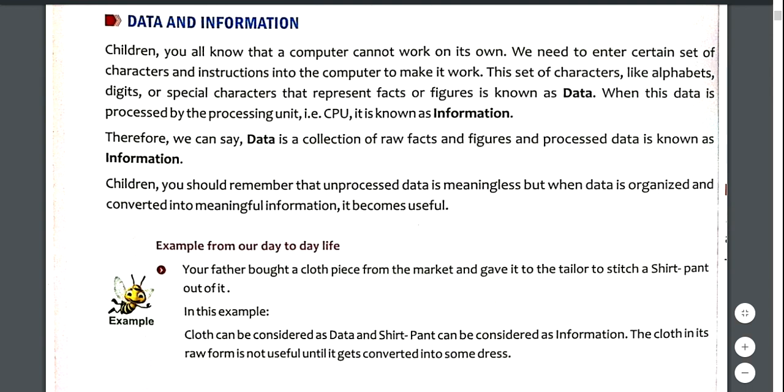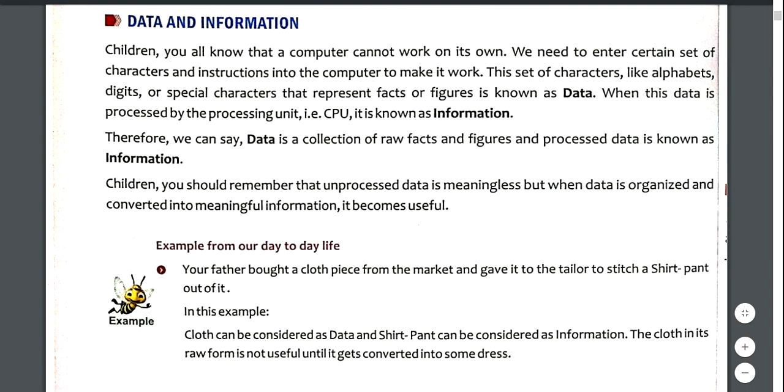So 4, 5 and the plus sign is meaningless data. It is not meaningful. It becomes meaningful when you put 4 plus 5, which means that we have to do the addition of these two numbers. So this is meaningful data.